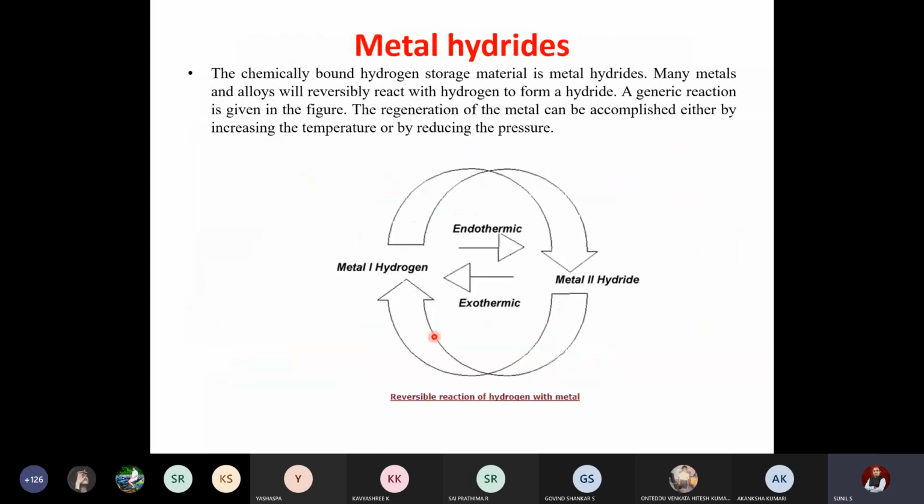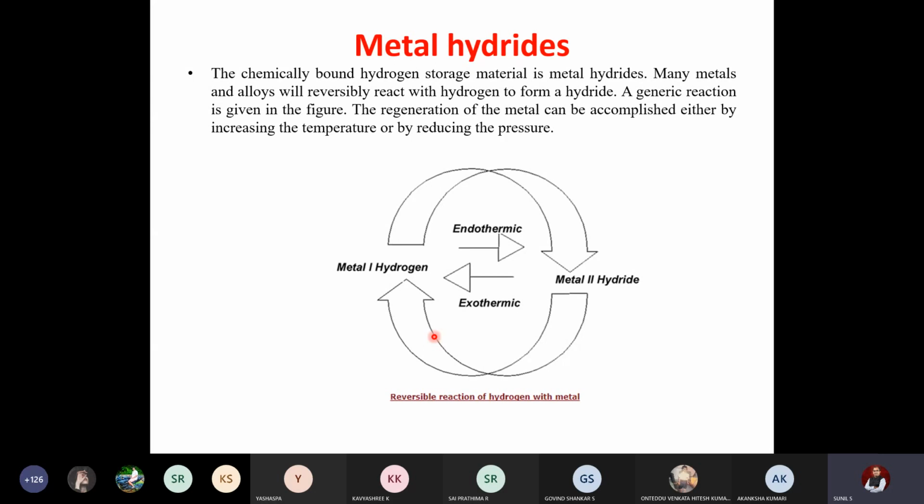The third method is by metal hydrides. The chemically bound hydrogen storage material is metal hydride. When metal alloys come in contact with hydrogen, they absorb the hydrogen and form a hydride. The regeneration of the metal can be accomplished either by increasing the temperature or reducing the pressure.